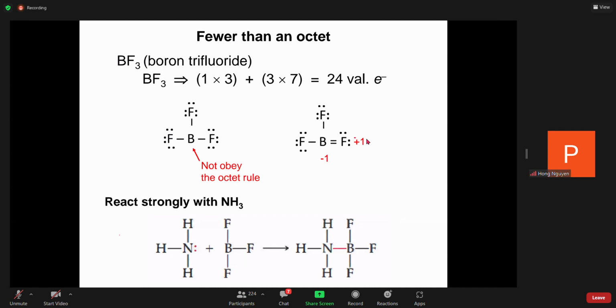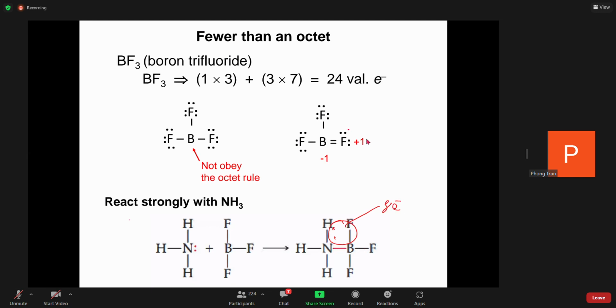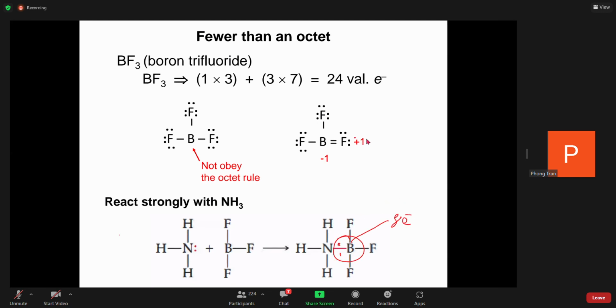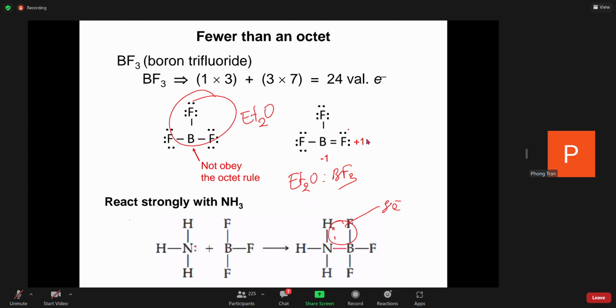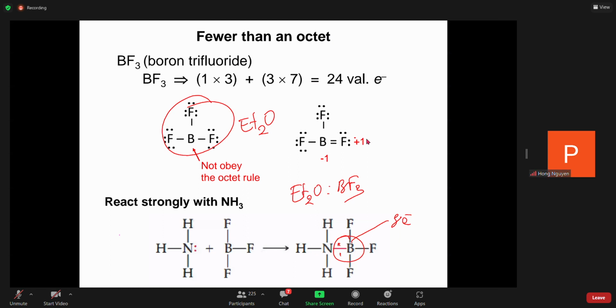And when you have this compound, the boron will satisfy 8 electrons, so it obeys the octet rule. BF3 can also react with, let's say, diethyl ether to make a complex, the etherate of BF3. Because it has fewer than 8 electrons, it reacts, it behaves like a Lewis acid.